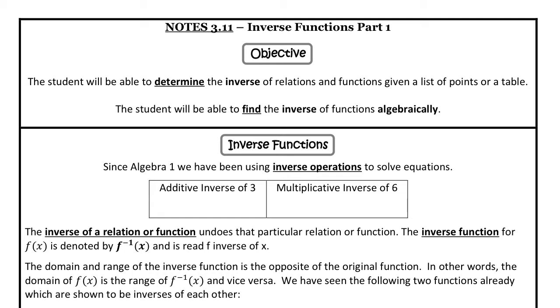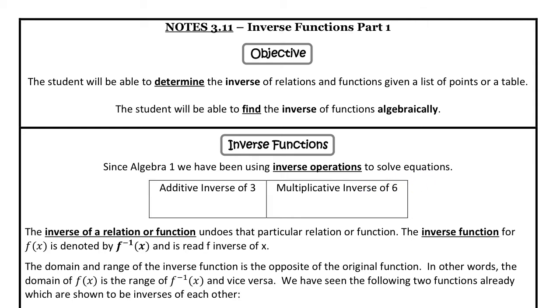And so before we find the inverse relations and functions of points and tables, and before we find the inverse functions algebraically, let's define what an inverse function is. And in Algebra 1, you may have seen inverse operations, and we've actually been using them in the past couple of lessons when we're solving quadratic equations.